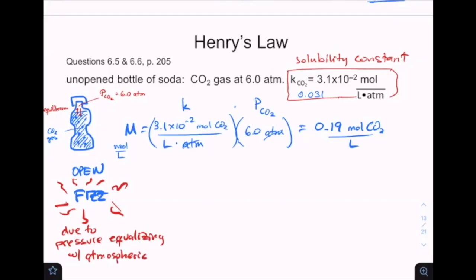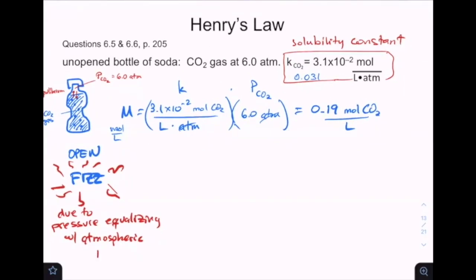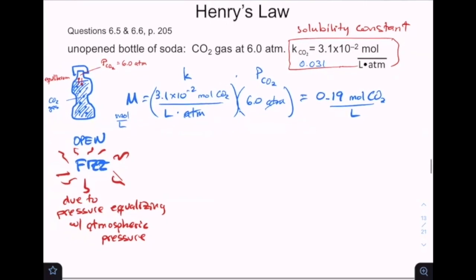I know it seems confusing because I say atmospheric pressure, but our units are atmospheres. So that's why I'm being very careful to say atmospheric pressure. And remember that the partial pressure of carbon dioxide in the atmosphere is very, very low. In fact, I should tell you that the partial pressure of carbon dioxide in air is approximately 5.0 times 10 to the minus fourth atmosphere.